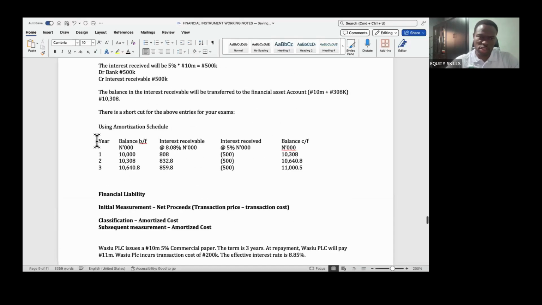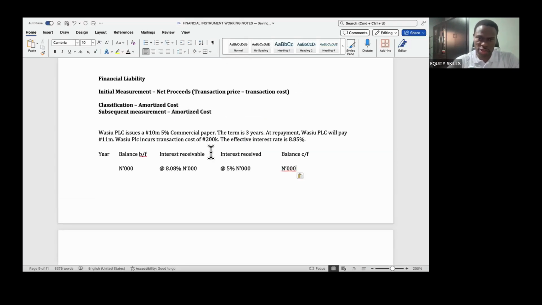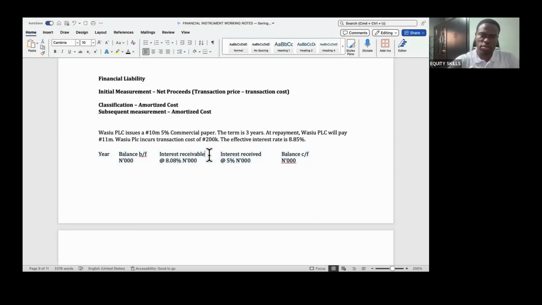So similar to what we did here, let me just bring the table here. But instead of interest receivable now, it should be interest payable, and also interest paid.